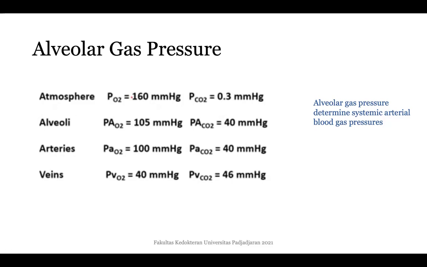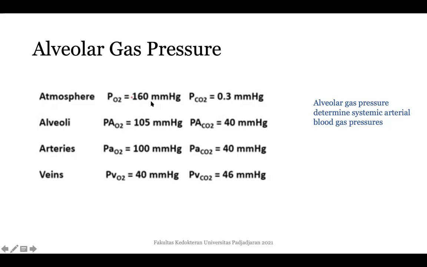The pressure of oxygen is going to be much lower. That's because, remember, we said that fresh air is going to be diluted. We're not going to completely replace the air in the lungs, so it gets diluted by the old air. The old air is continually having oxygen taken out of it by the blood. That is why the pressure from the atmosphere will be decreased in the alveoli.